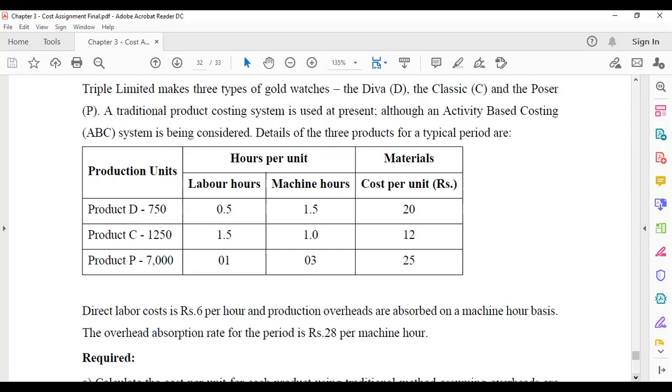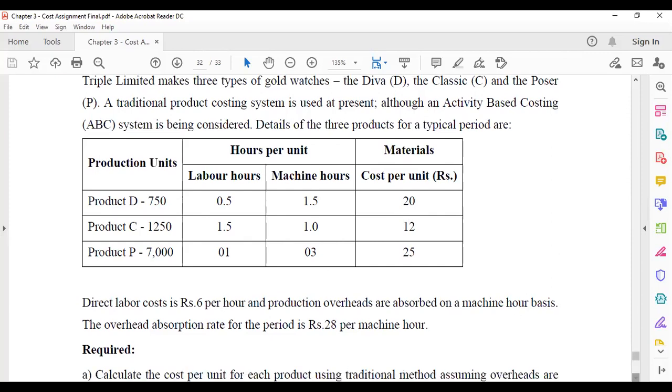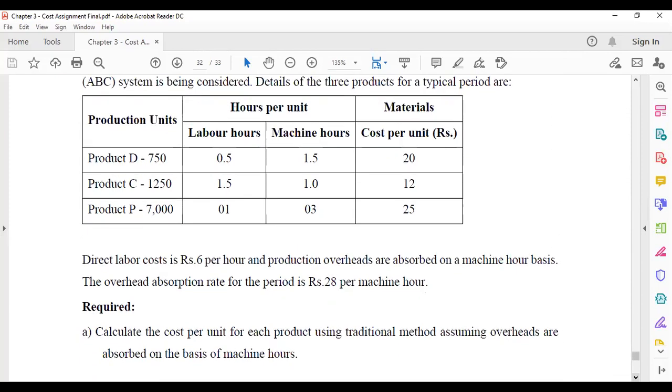The details of the 3 products for a typical period are given. The labor hours, machine hours, and material cost per unit are given. The direct labor cost is ₹6 per hour, and production overheads are absorbed on a machine hour basis. The overhead absorption rate for the period is ₹28 per machine hour.